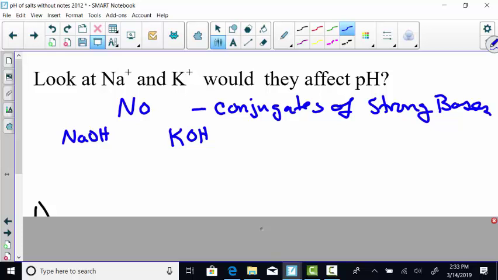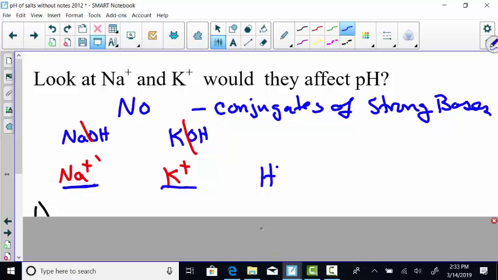So essentially then, these sodium ions and potassium ions have no affinity to attract a hydrogen, but it would also make sense that they wouldn't attract a hydrogen because both of these are positively charged, correct?